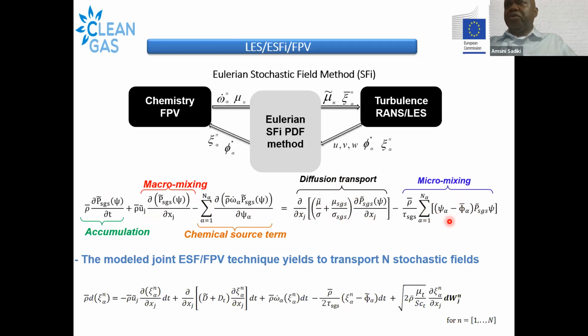I think Professor Schocker showed you different models used to describe this micro mixing. And transforming this, we obtain exactly what we have, and the Wiener term takes into account these different fluctuations we could not capture without introducing it.